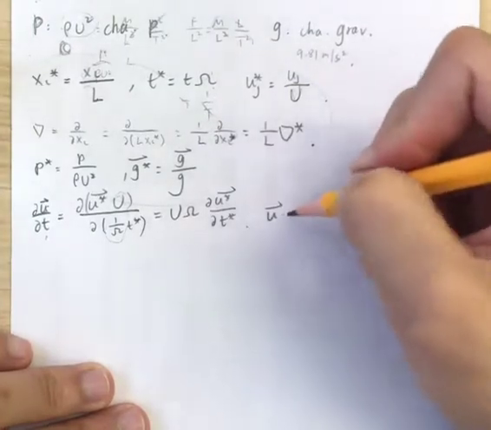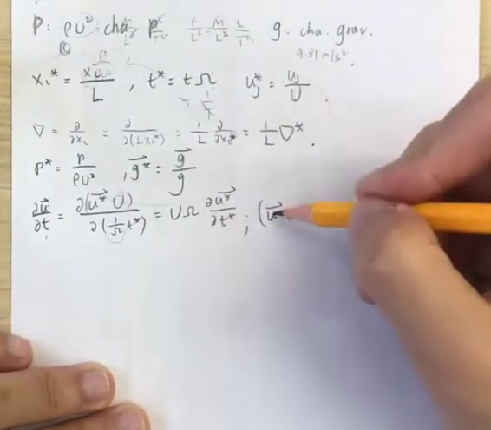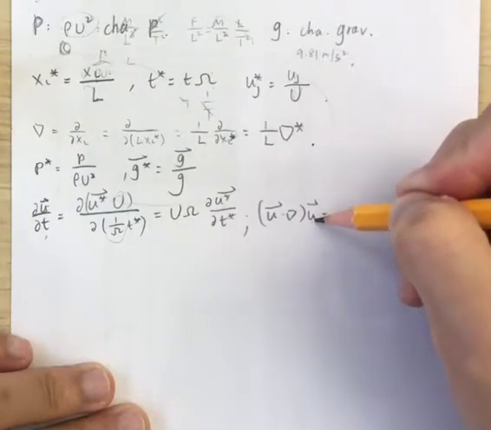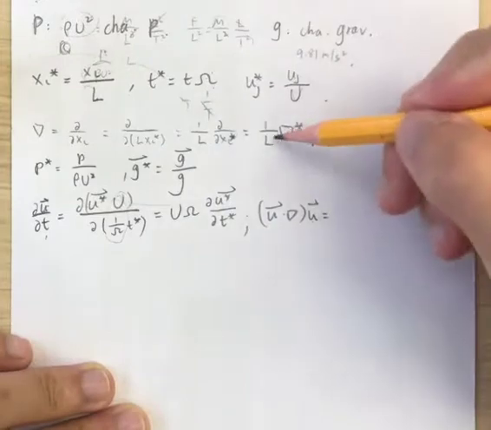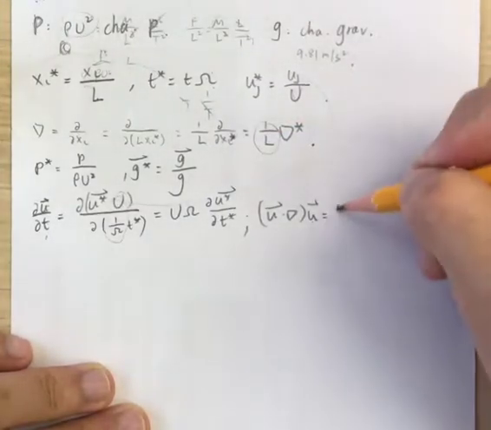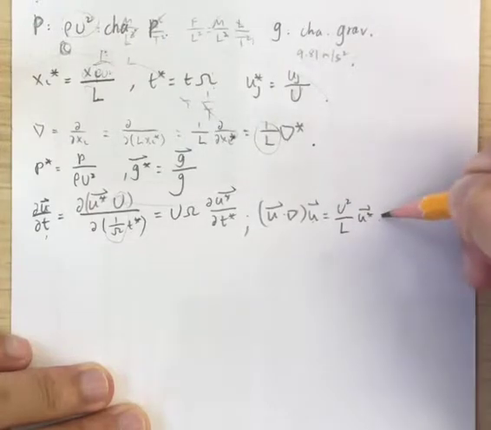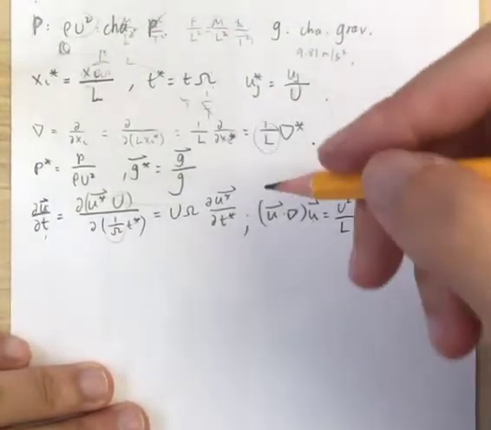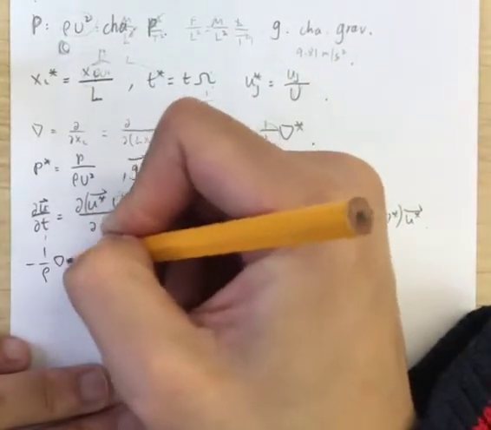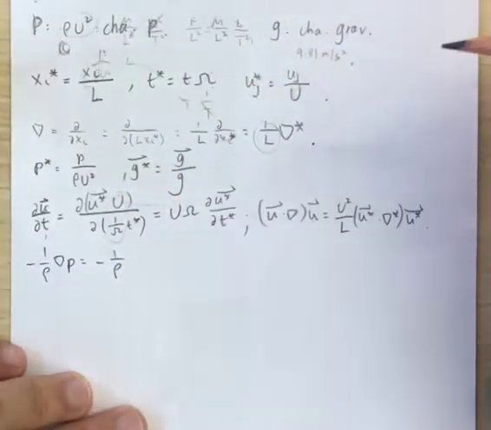Second thing, this is relatively simple because we just pull out twice the capital U, and then we pull out 1 over L. So this thing will give us this. 1 over rho is a constant.